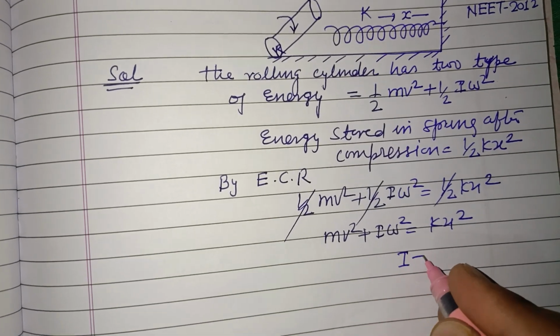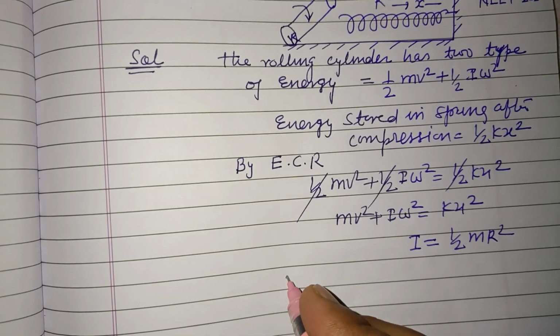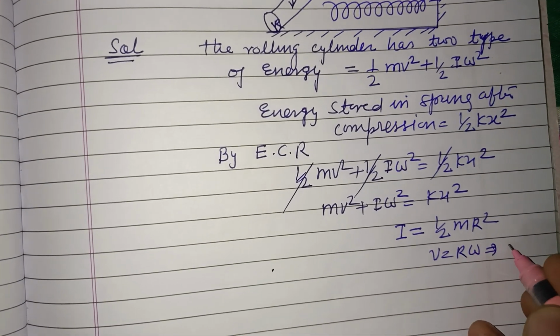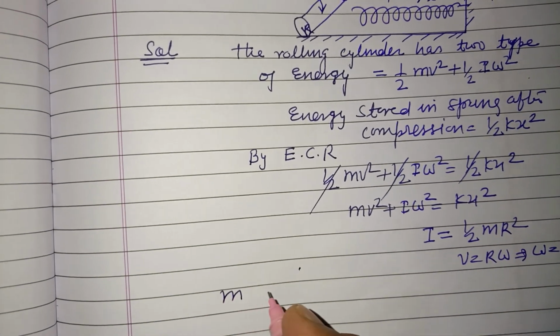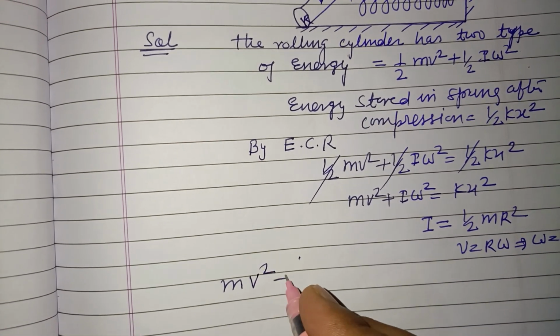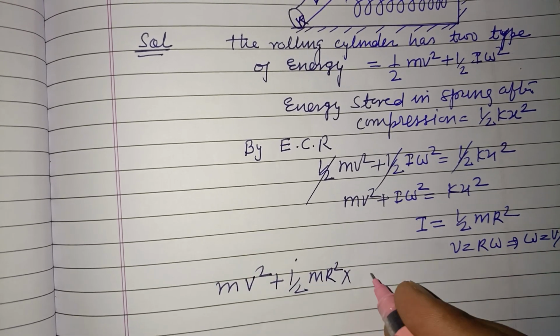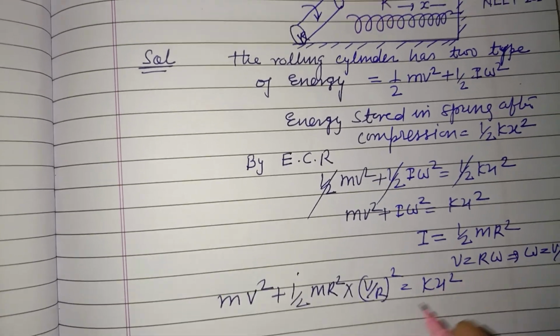Here I for a cylinder is half of mr square, and v equals r omega, therefore omega equals v upon r. So mv square plus half of mr square, and omega is v upon r whole square, equals kx square.